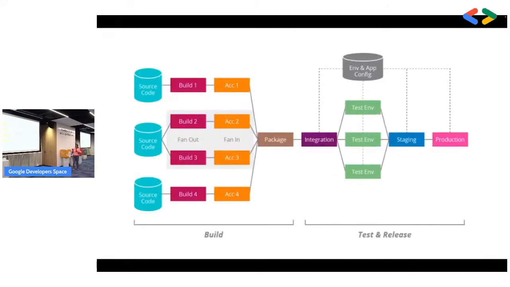This is sort of how the value map looks when you're using either continuous delivery or continuous deployment. You have your source code. This is a scenario where you have a multi microservices kind of setup, right? So you have different repositories where your source code lives.